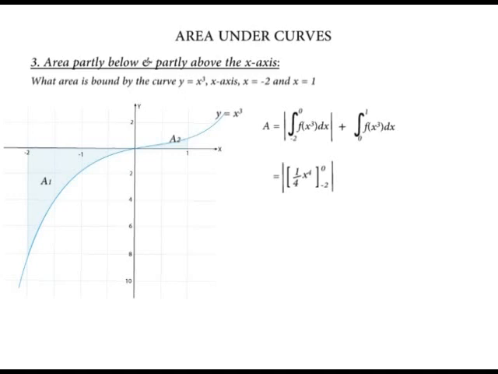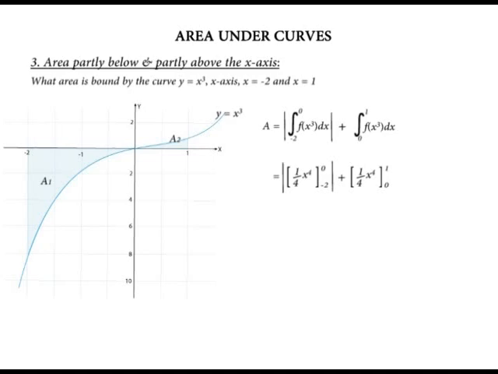We put in square brackets and then put the limits. 0 is the upper limit and -2 the lower limit for the absolute section below the x-axis. Then plus the area above the x-axis, we shall get a quarter x to power 4, and then the limits are from 0 to 1.